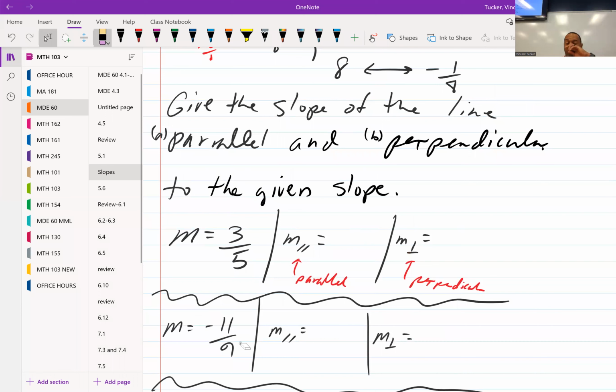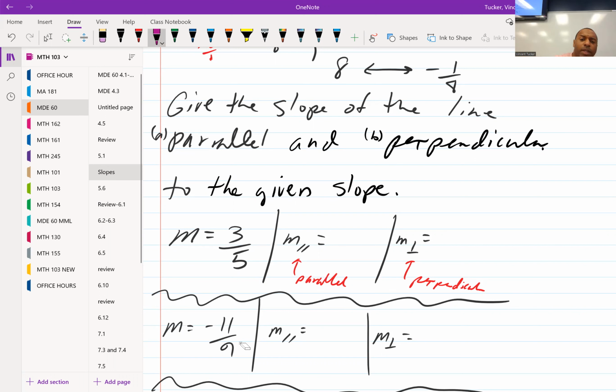So next exercise. They may ask you, are the given slopes parallel, perpendicular, or neither, or they may ask along these lines: if you have a slope, what's the slope of the line that's parallel to it, what's the slope of the line that's perpendicular to it. Either way, you should be able to answer accordingly.